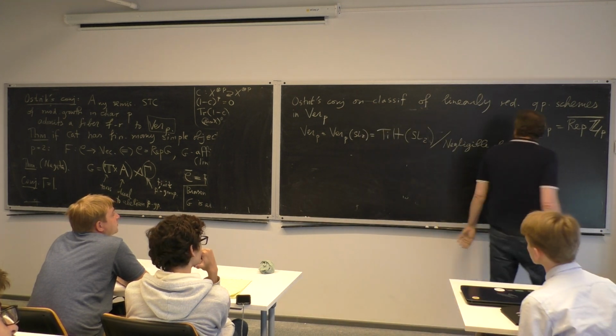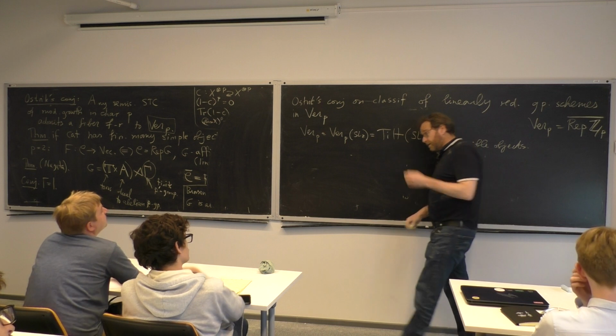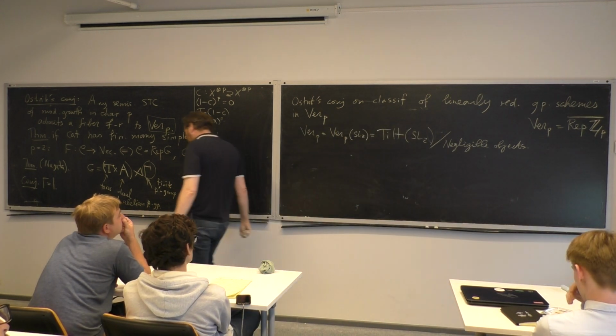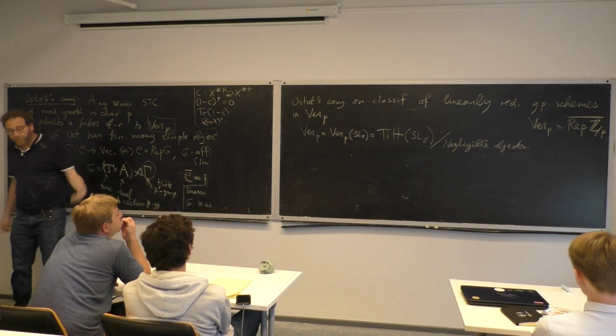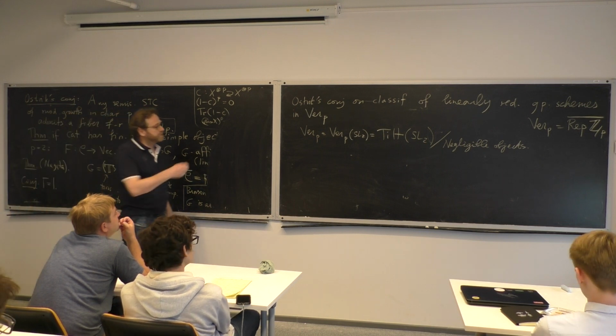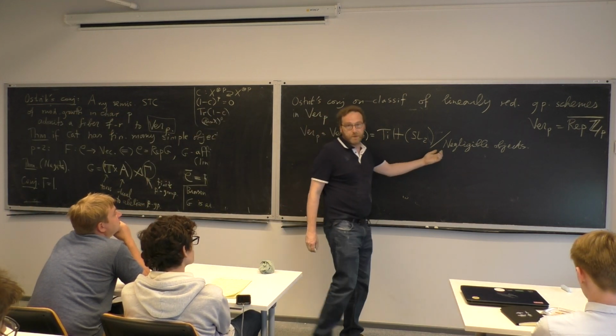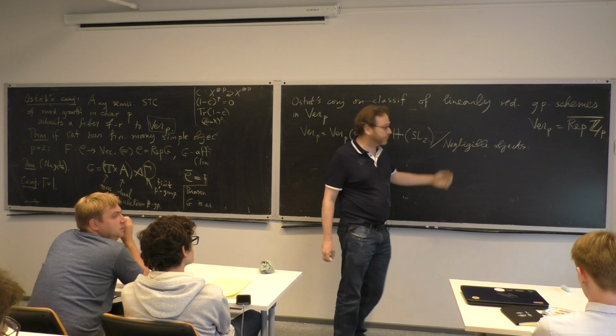So you just mod out by negligible objects, where tiltings are numbered by positive integers, and you just mod out by all numbers starting from p minus 1. So you get 0, 1, up to p minus 2, which gives you p minus 1 objects, which I explained.